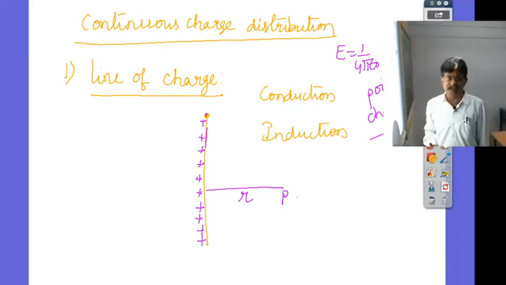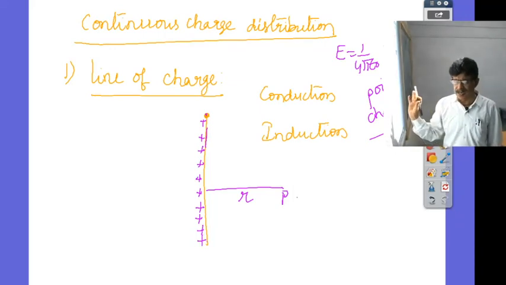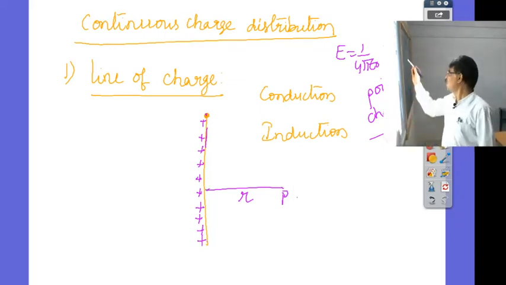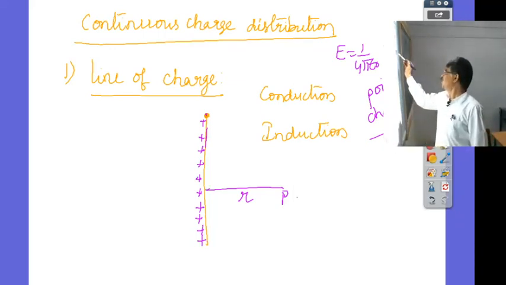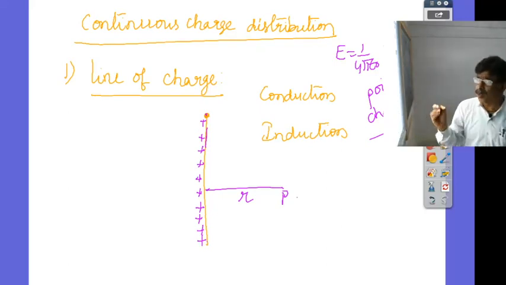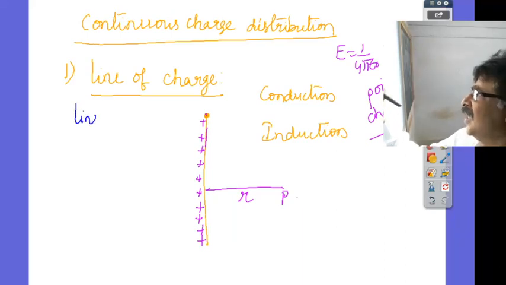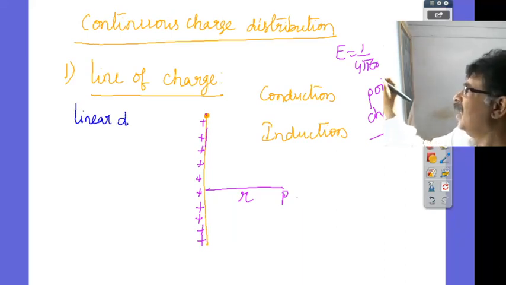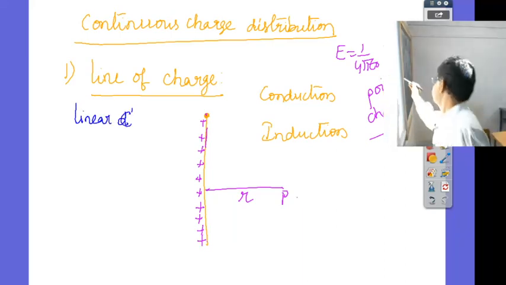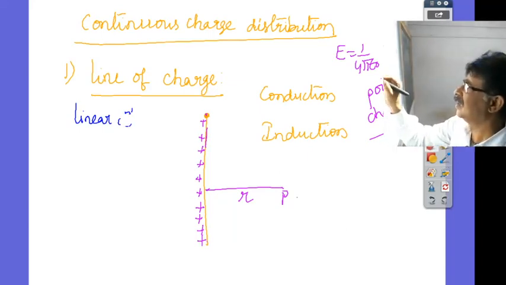Then how do we apply this to the present situation? For that purpose, we are going to adopt a general method. Before that, let me recall the quantity which we discussed earlier, that is linear charge density.